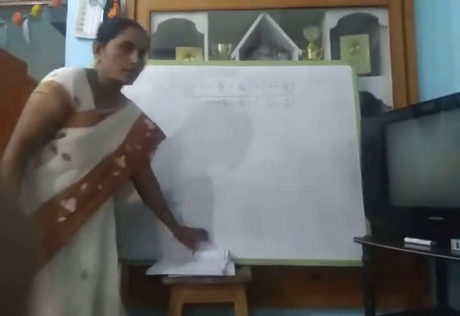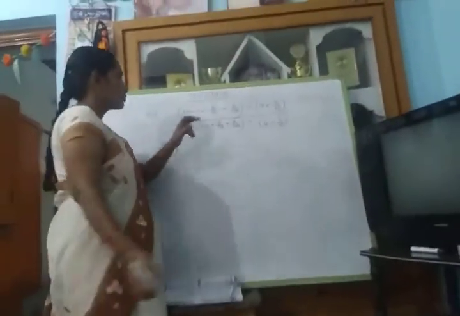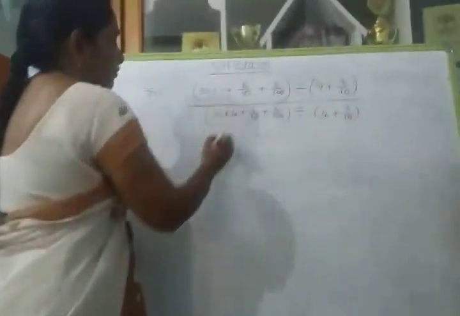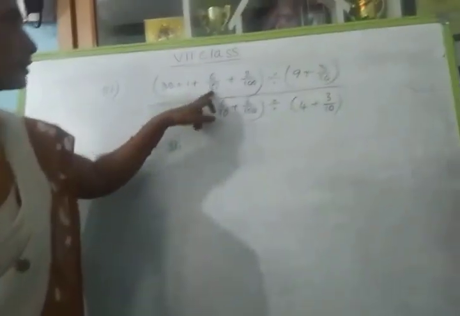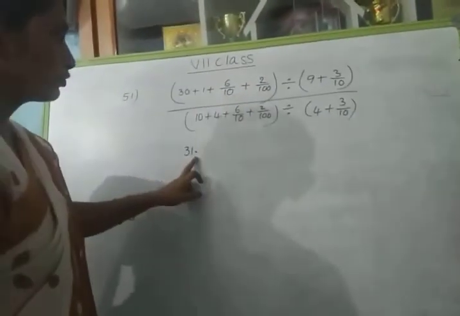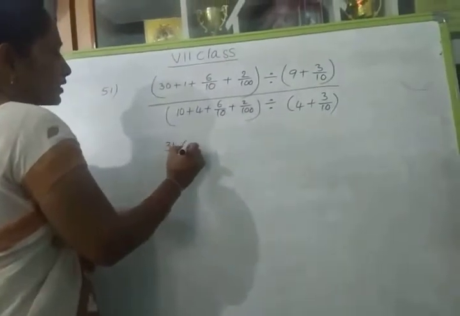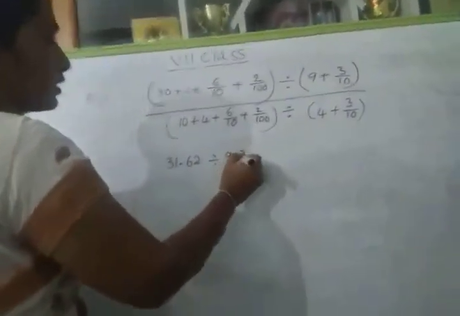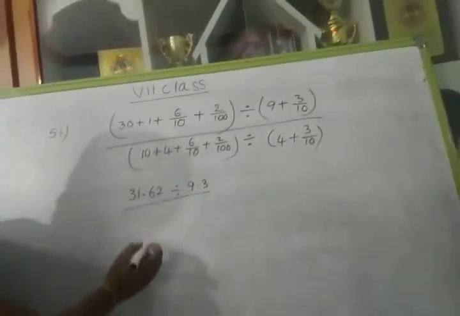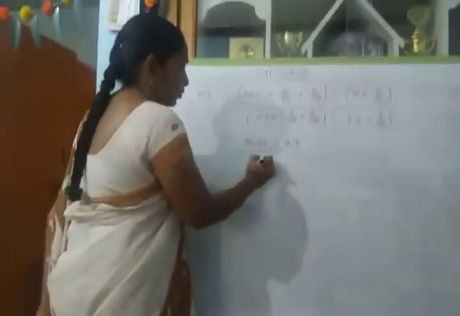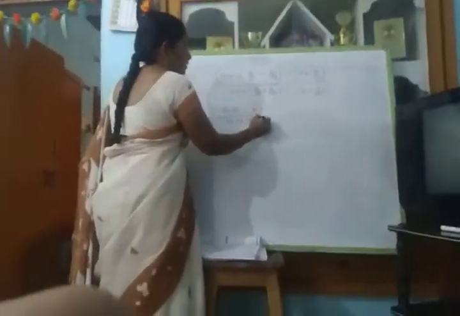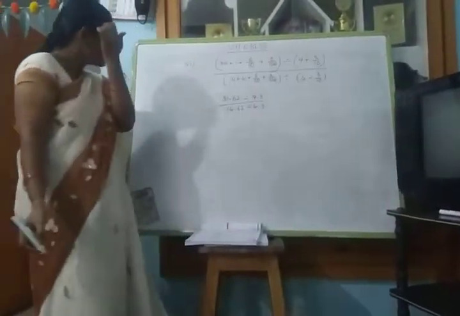Look here, this is the expanded form of a decimal number. 30 plus 1 is 31. After that, 6 by 10 means the tenths place, so before that we place the decimal: 31.62 divided by 9.3, and 14.62 divided by 4.3. So this you have to divide.